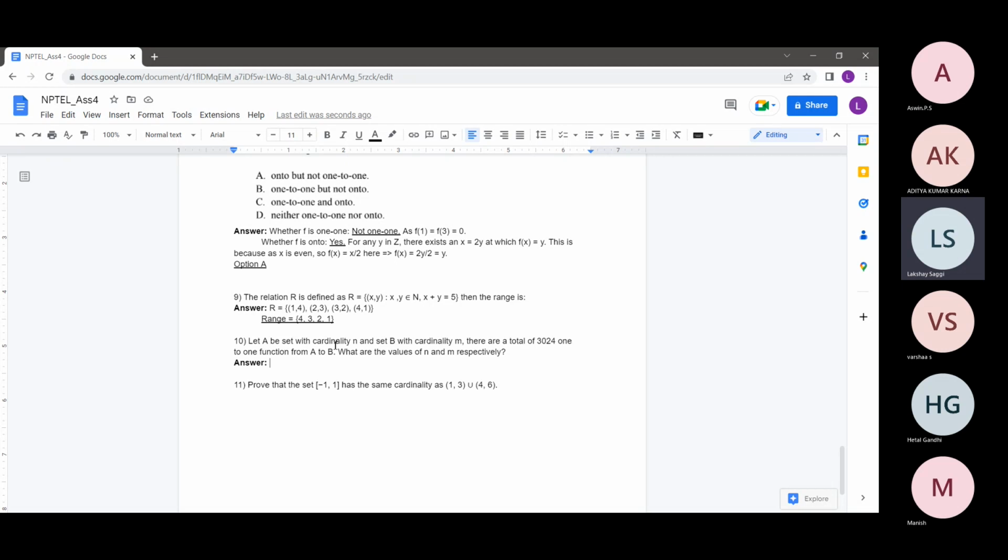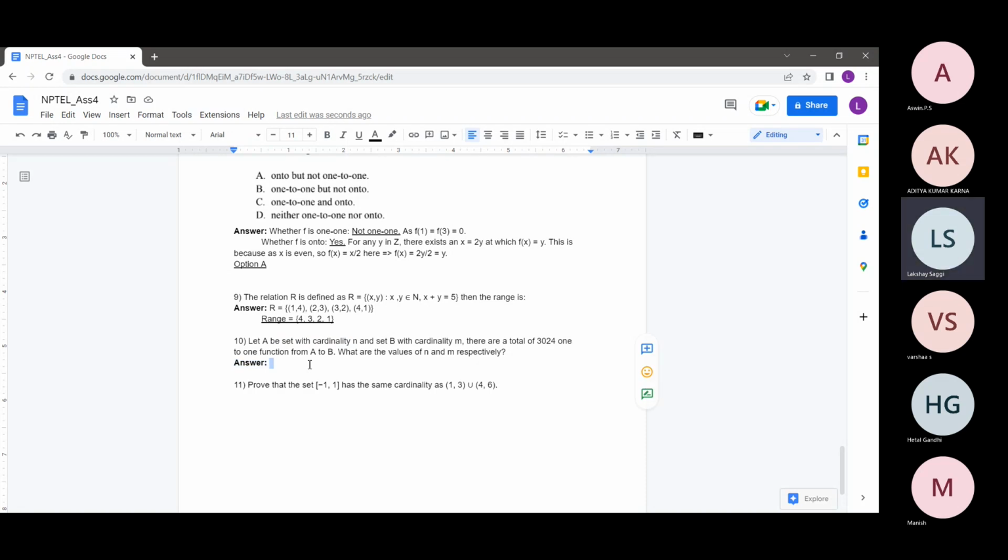You guys must have seen this in your lecture, the number of one-to-one functions from A to B. For functions to be one-to-one, first of all, we need the property that the cardinality of the set B should be greater than or equal to the cardinality of set A, right? Otherwise, the function can never be one-to-one.